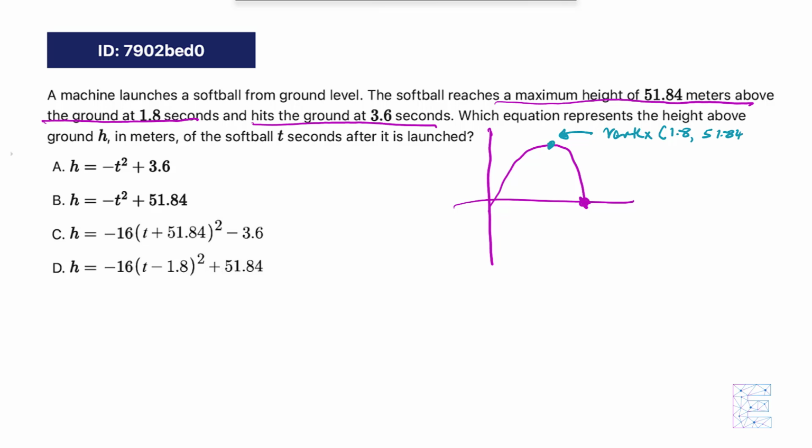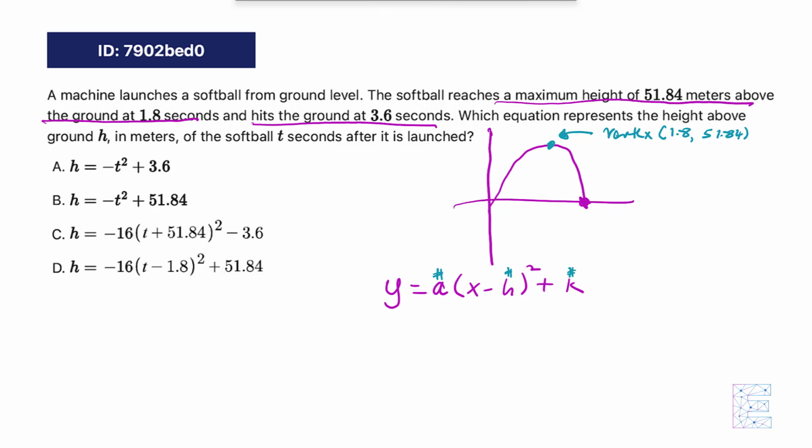From the previous question, remember, the best way to write quadratic equations when you're given the vertex is to write them in vertex form, which again looks like this: y equals a(x minus h) squared plus k. Recall that we need to have numbers for a, h, and k.